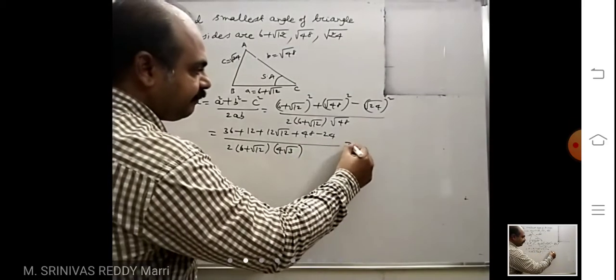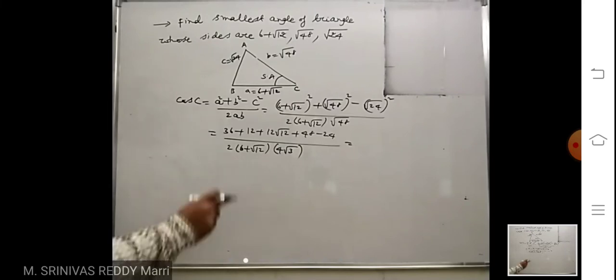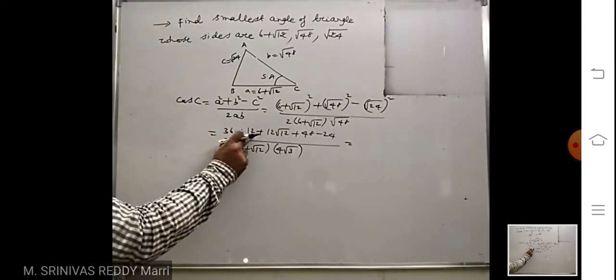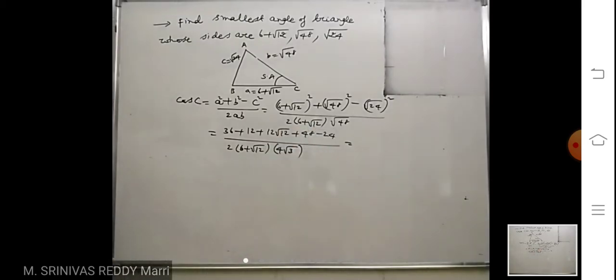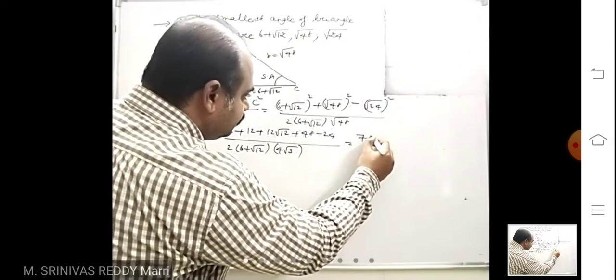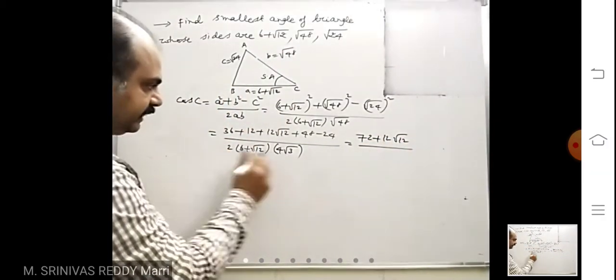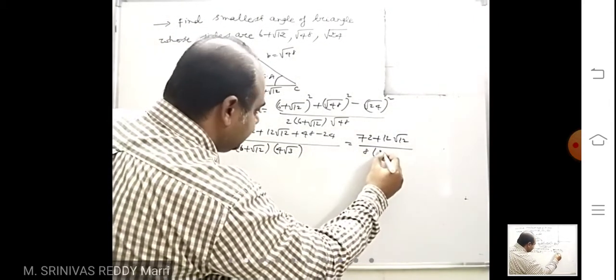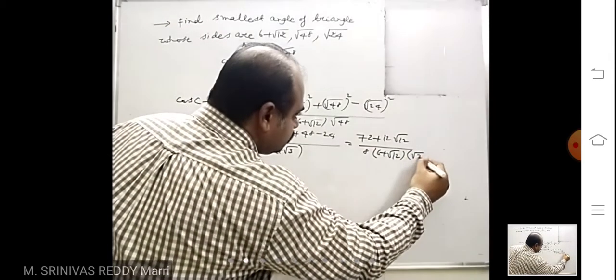Now the above one: 6 plus root 12 whole square is 36 plus 12 plus 12 root 12, plus 48 minus 24. That is 48 plus 48, so 96 minus 24, 72 plus 12 root 12, divided by 2 into 4, that is 8, into 6 plus root 12 into root 3.